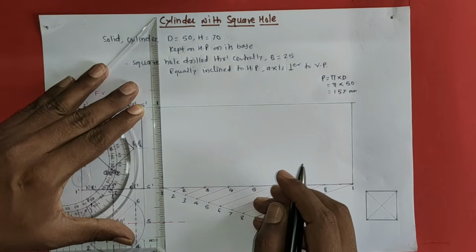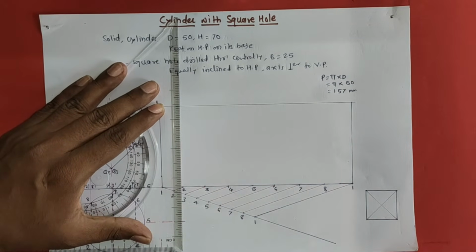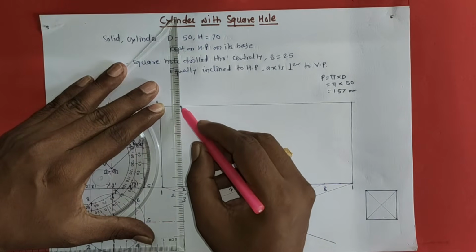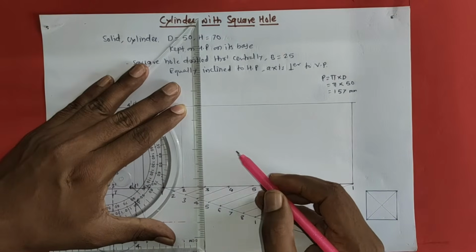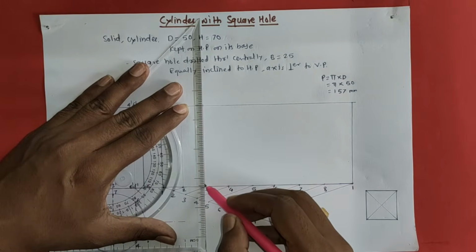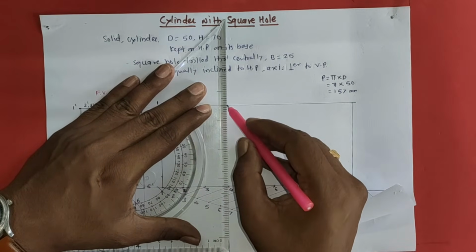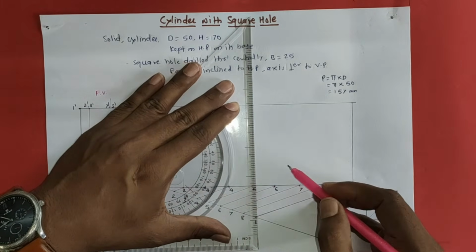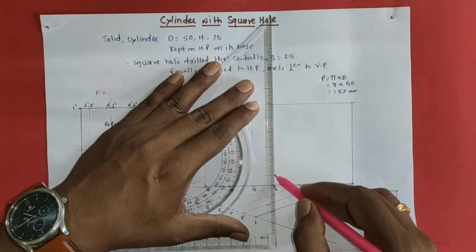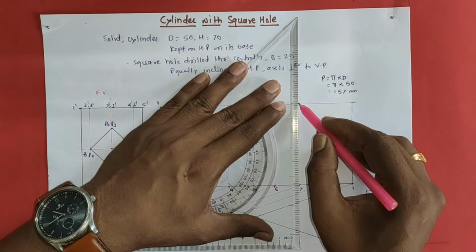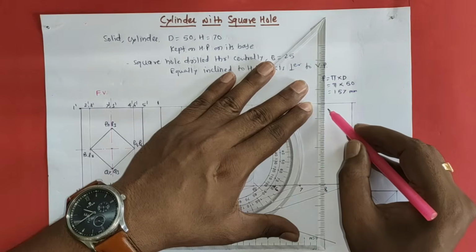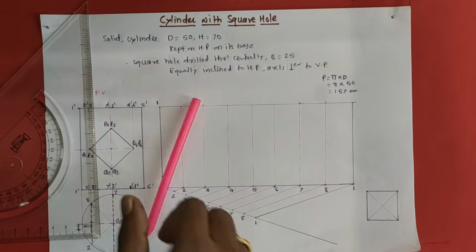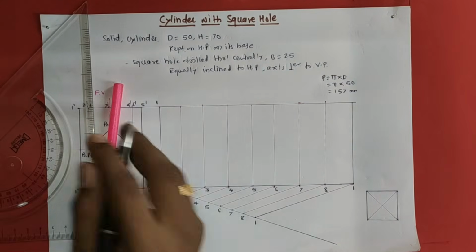Now what we will do, we will take its projections and draw faint lines here. So this is the faint line, then next this is the faint line. Again mark them at the top.